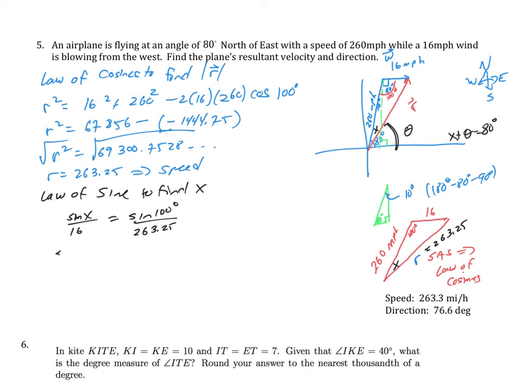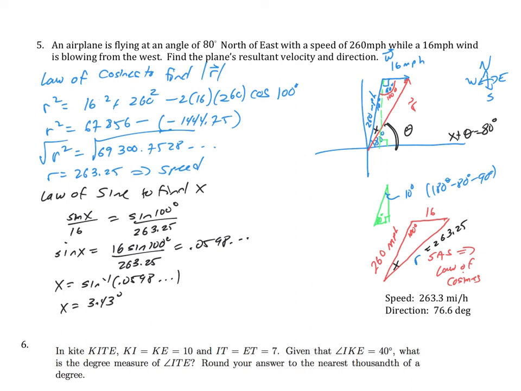We'll multiply both sides by 16. So sine of x is equal to 16 sine 100 over 263.25. That turns out to be 0.0598 and so on. So x is going to be sine inverse of 0.0598. If you enter that in the calculator, you'll find that it is 3.43 degrees. That's this little angle inside the triangle.